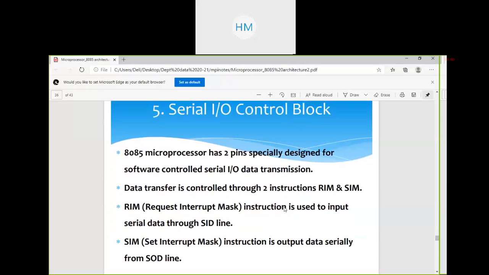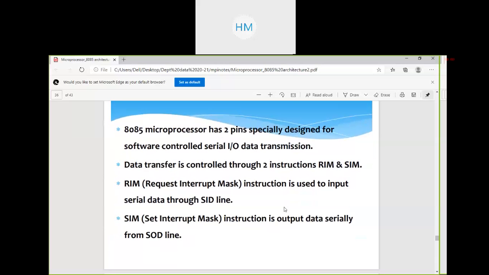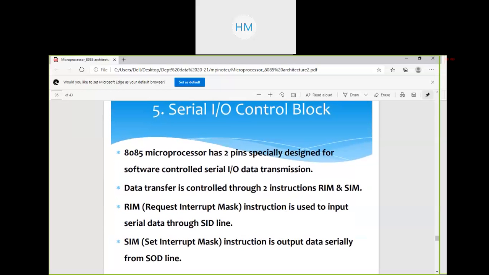Serial input output control block. It is used for serial communication from the microprocessor. It has 2 pins, SID and SOD. Data transfer is controlled through 2 instructions. Only 2 instructions we have to remember for serial input output control, that is RIM and SIM: read interrupt mask and set interrupt mask.